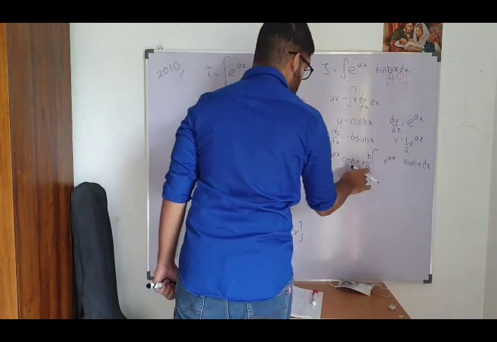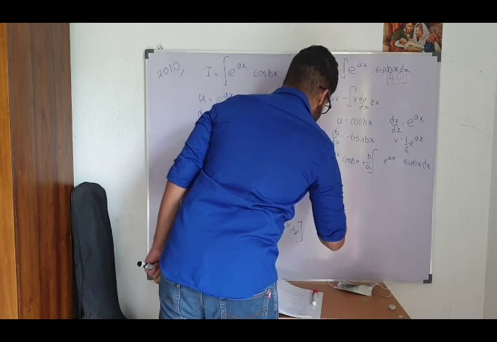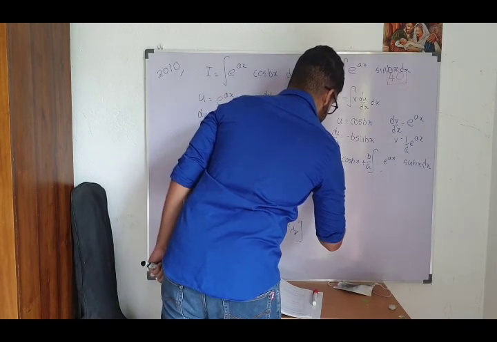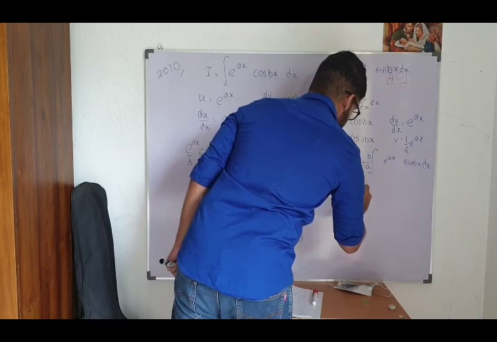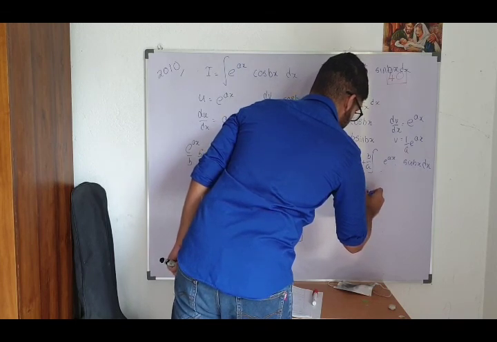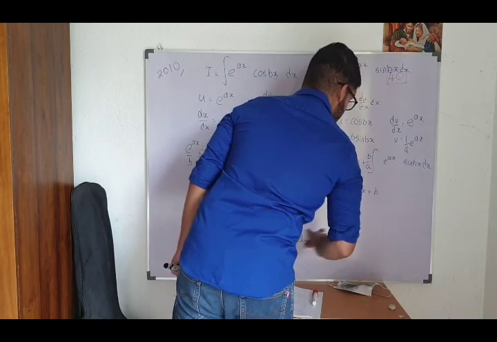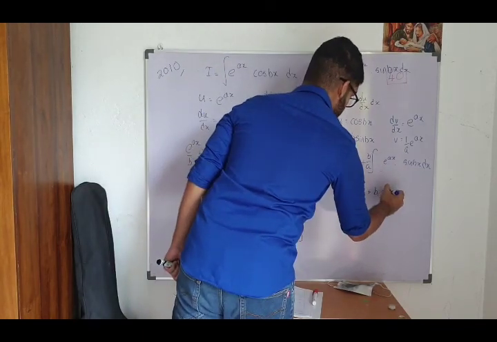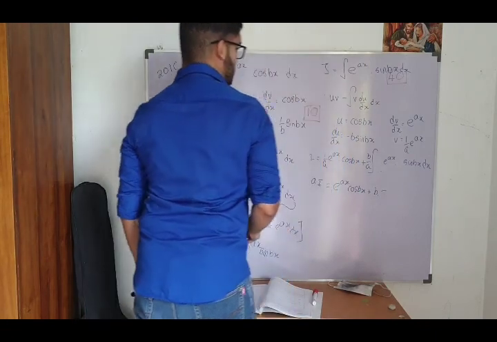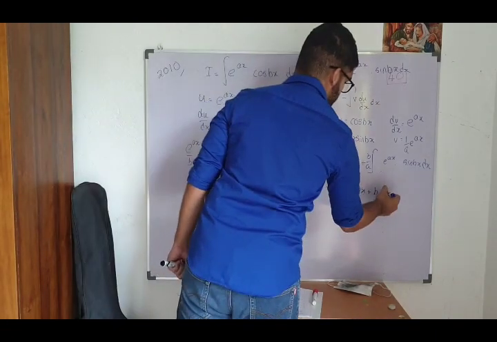So this a goes to this side. Therefore we can say a·I is equals to e^(ax) cos bx plus b·j.